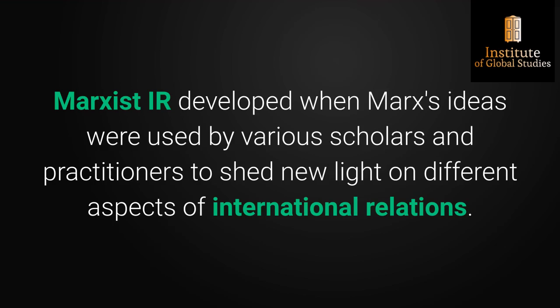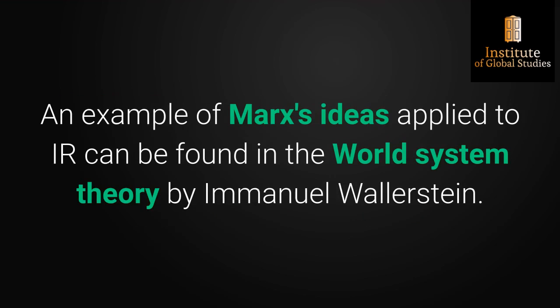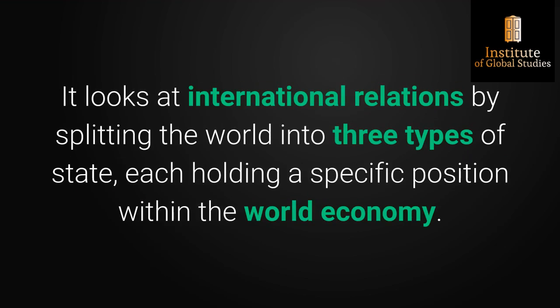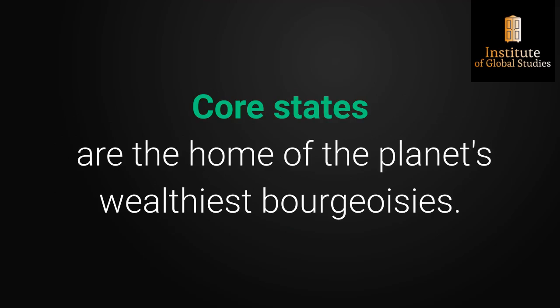An example of Marx's ideas applied to IR can be found in the World System Theory by Emanuel Wallerstein. It looks at international relations by splitting the world into three types of state, each holding a specific position within the world economy. Core states are the home of the planet's wealthiest bourgeoisies.